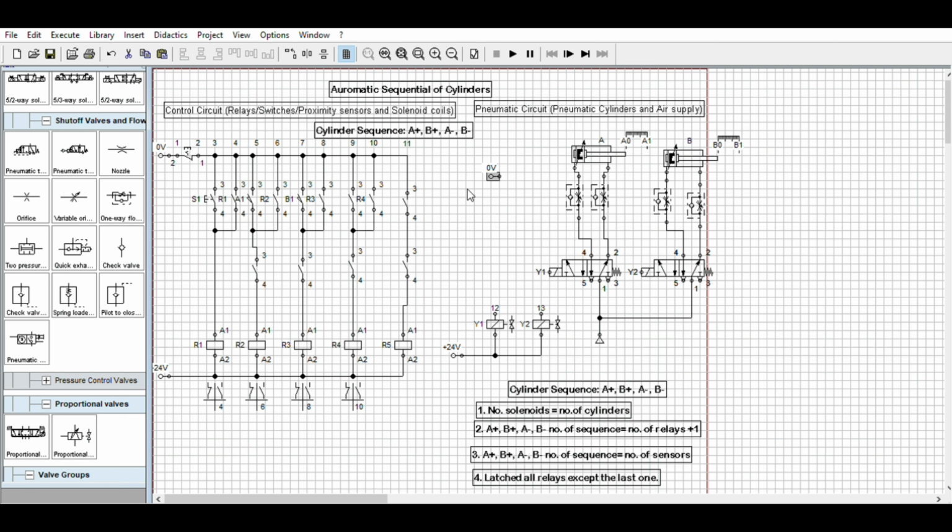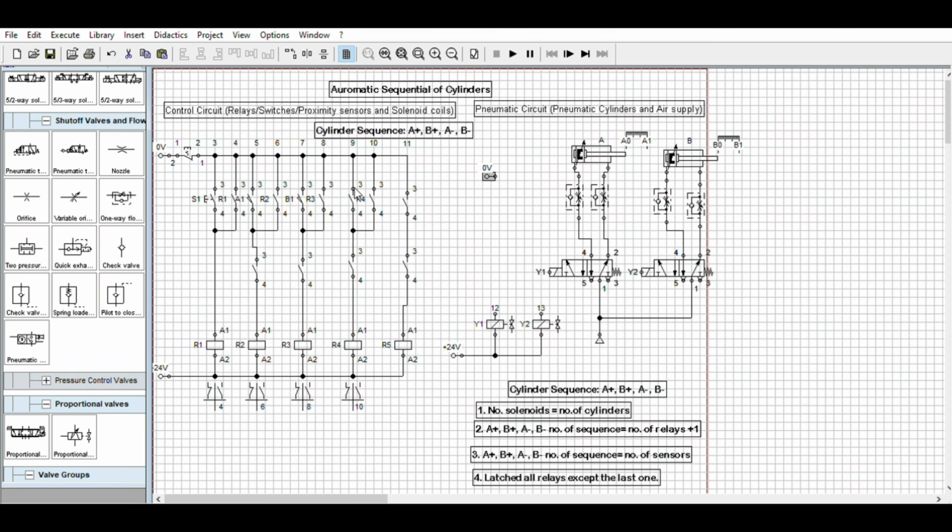So that means B1 triggers R3. So this one, R3 will turn off the solenoid one. And it will trigger the A0.